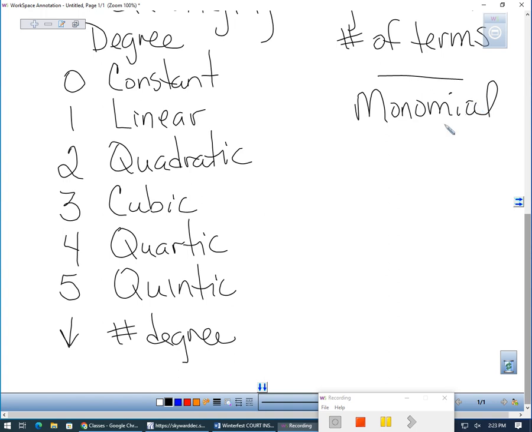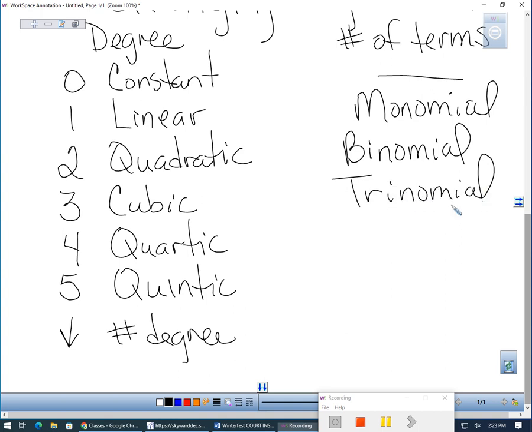If I have 2 terms, we call that a binomial. If I have 3 terms, it is a trinomial. And then anything greater than a trinomial, we call it a polynomial of that number of terms.